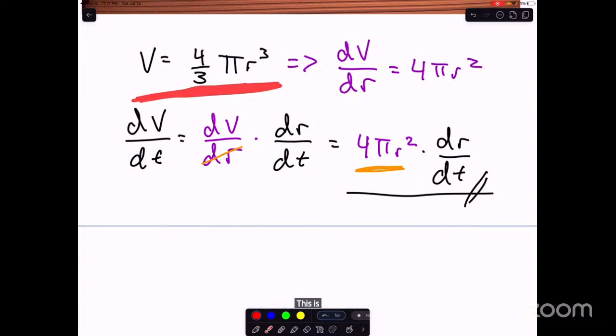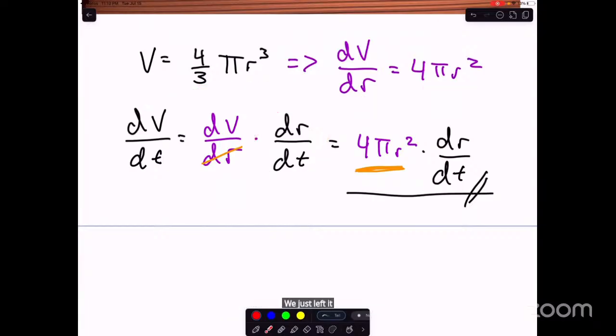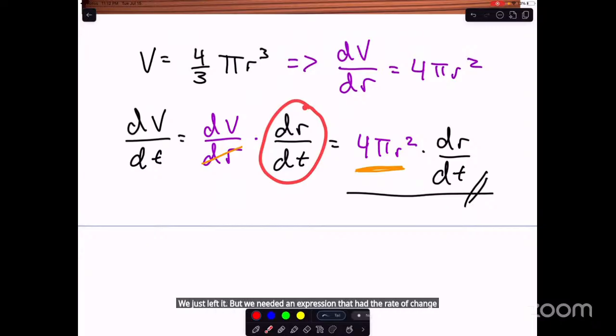The volume is expressed in terms of the radius, so the only thing we can get from here is dV by dr, which is this guy. Then since we don't know the relation between the radius and time, we just left it. But we needed an expression that had the rate of change of the radius with respect to time.